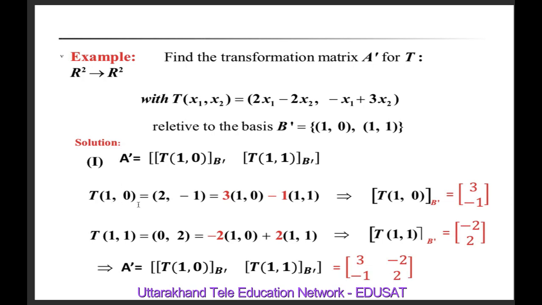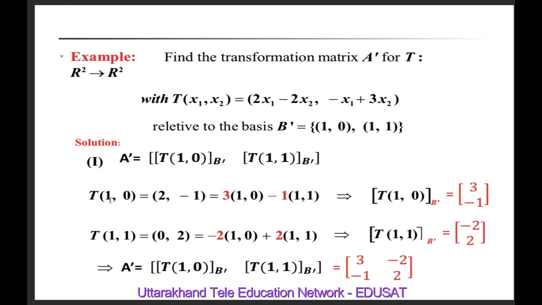T(1, 0) is equal to (2, minus 1), because for T(1, 0), x1 is 1 and x2 is 0. If we substitute x1 equal to 1 and x2 equal to 0, 2 into 1 minus 2 into 0, we get 2 here, and minus 1 plus 0 gives minus 1 here.